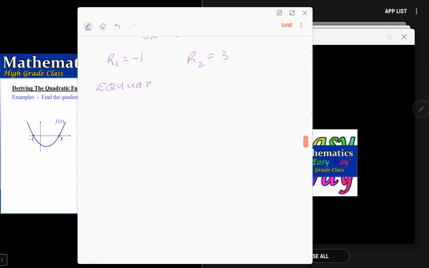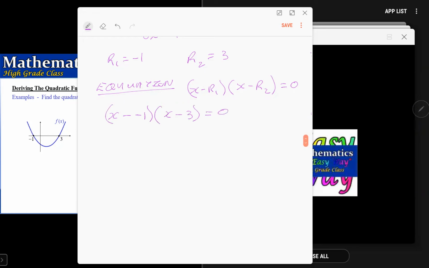The equation is x minus r1 times x minus r2 equals 0. That's using the first method that I showed you. So it will be x minus r1, which is -1, times x minus r2, which is 3, equals 0. That will be the equation.